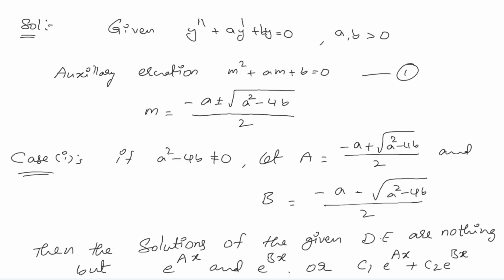Hence the solutions of this differential equation are of the form c1 e^(αx) + c2 e^(βx), where α and β are these two real numbers. So y(x) = c1 e^(αx) + c2 e^(βx) is the solution.